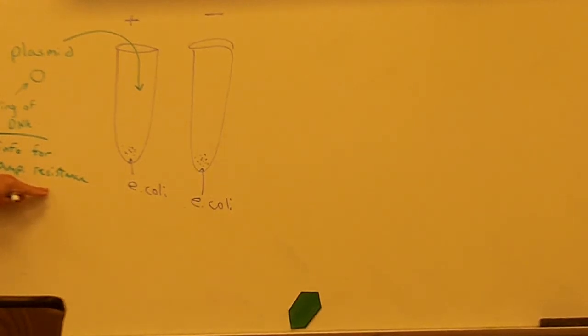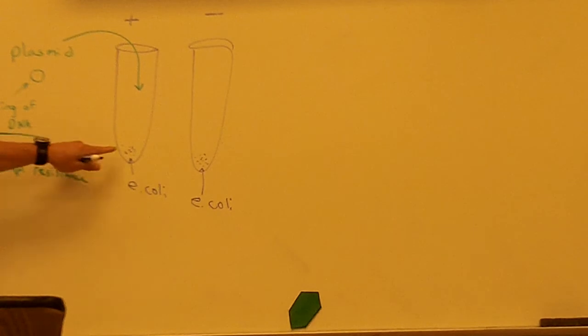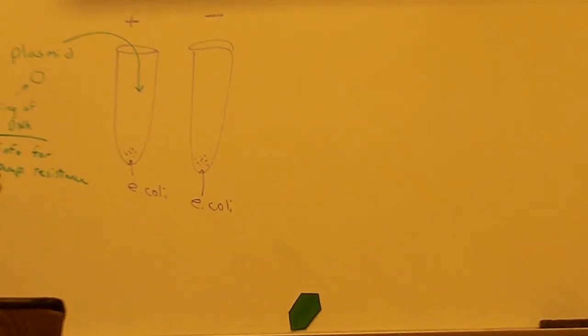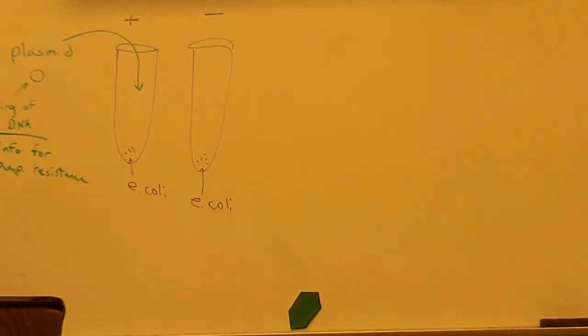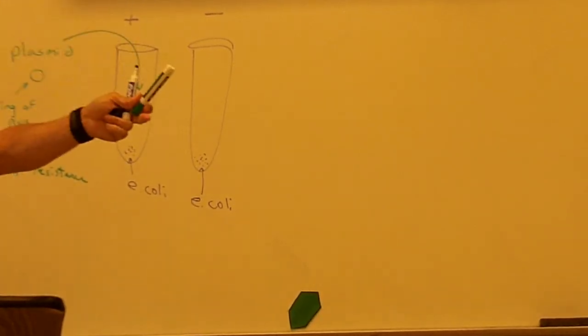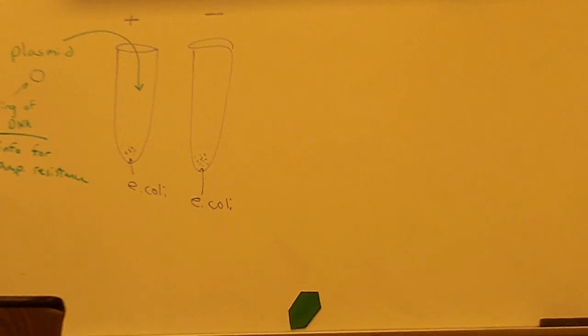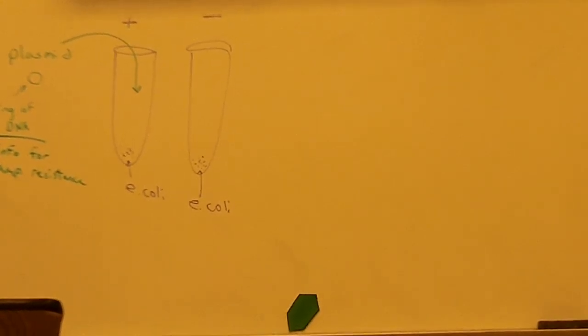I don't know how that protein does it, but somehow when that E. coli makes that protein, ampicillin doesn't bother it. I don't know if the protein is an enzyme that breaks down ampicillin. That would be my guess. Maybe it's something that goes in the cell wall that makes the cell wall a little tougher so ampicillin can't get in. I'm not exactly sure.